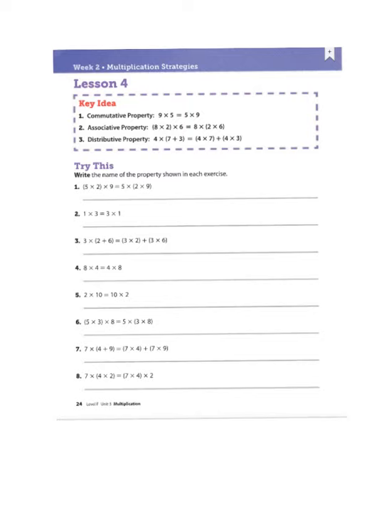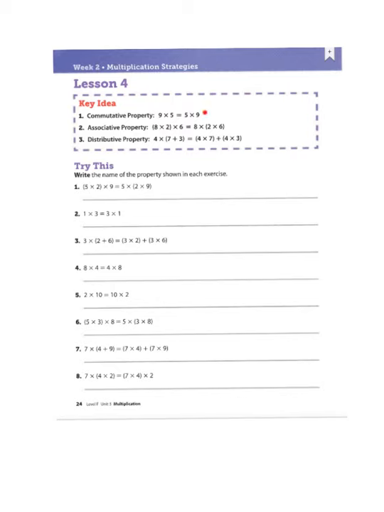The associative property has parentheses, okay? And they kind of group it together, and then on the next one, they group another problem together. So here, the example 8 times 2 is in parentheses times 6. When you solve this problem, that means you would do what's in parentheses first.